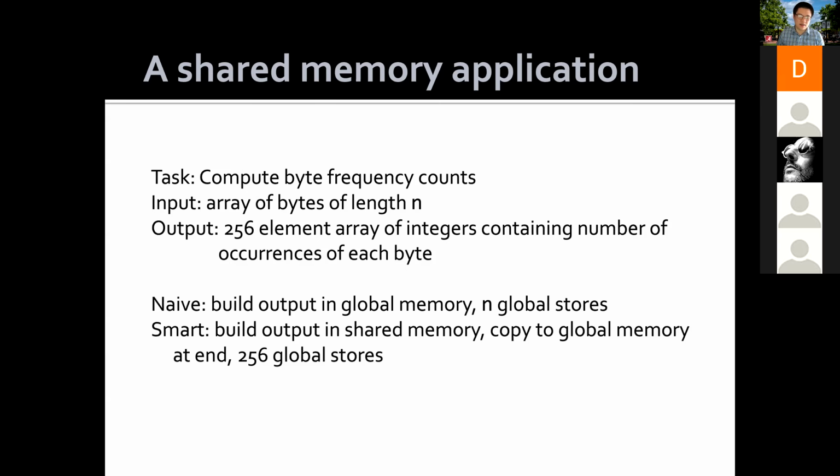Okay, so the idea is that, as I mentioned, let's just talk about 26 letters, right? If you have 26 letters, you don't need to fully utilize the global memory. You can copy part of the data into the shared memory and count the frequency. After that, you can copy the partial frequency back to the global memory.